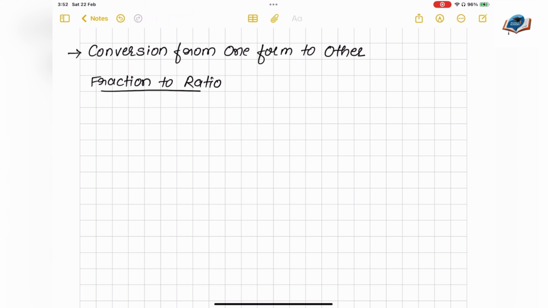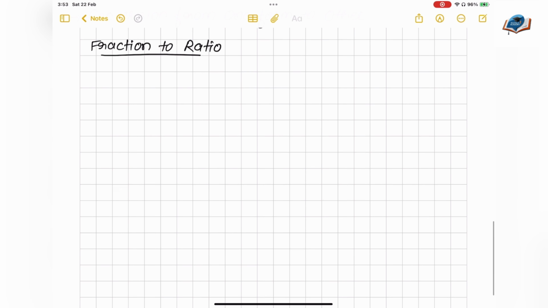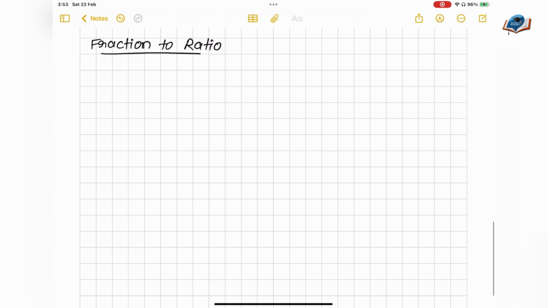Now, the next point is conversion from one form to another. Now, let us understand that also point by point. Let us first understand if I want to convert a fraction to ratio. So, fraction means part of a whole. Let me take 12 upon 100.